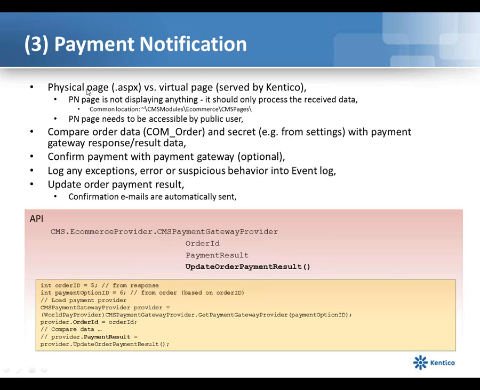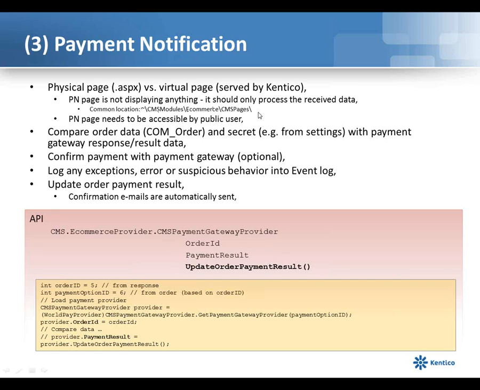From my point of view, it would be better to have a physical page because anyway the payment notification page is not suitable for displaying anything, I would say, because the payment provider is just sending some data to it. So I would use just a physical page on a file system. And the usual location for these payment notification pages is outlined here.